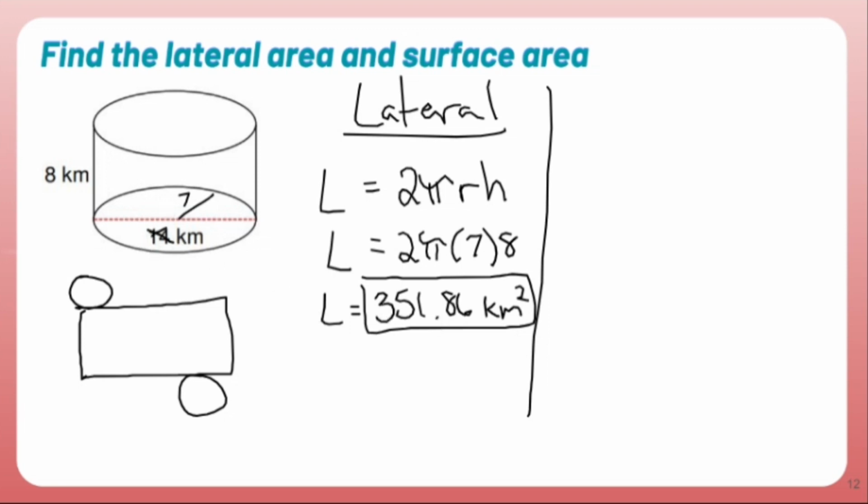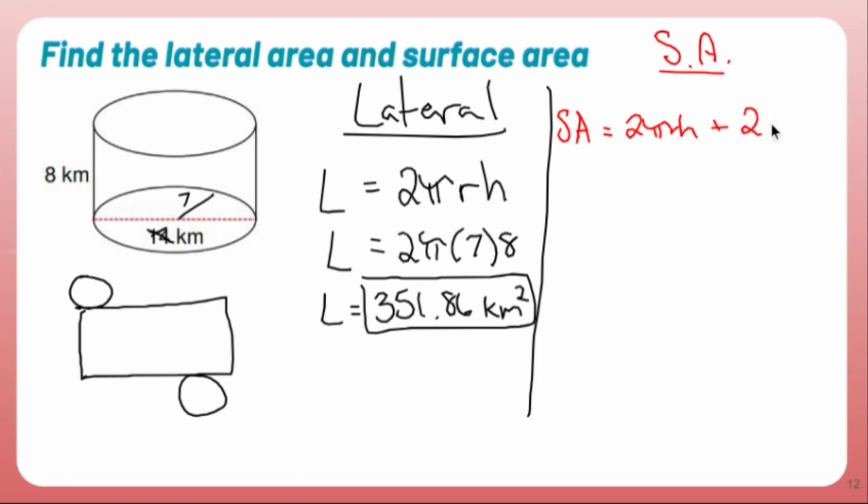Pretty big. Now I've got surface area, so I'll put SA for surface area. And the surface area now includes the top and the bottom. So without looking up a formula sheet, if it's going to include the top and the bottom, then the surface area, SA, is going to equal 2 pi r h, which is the side, plus 2 areas of circles.